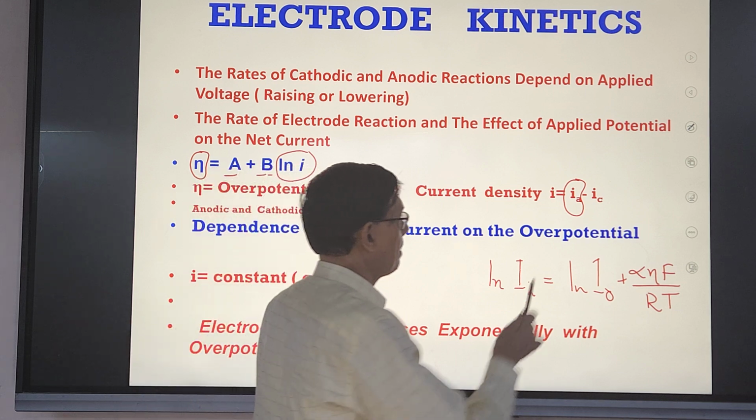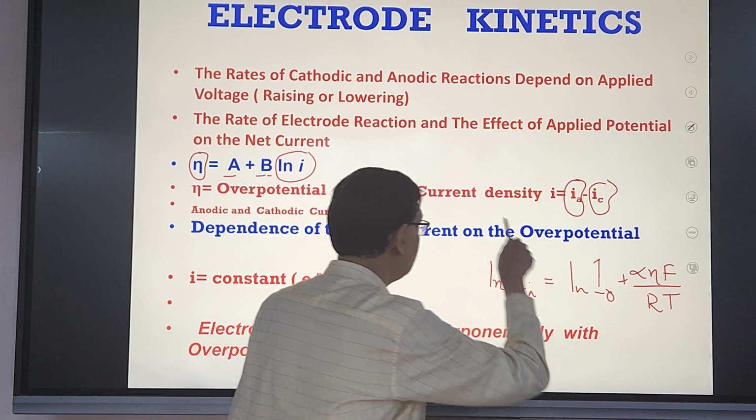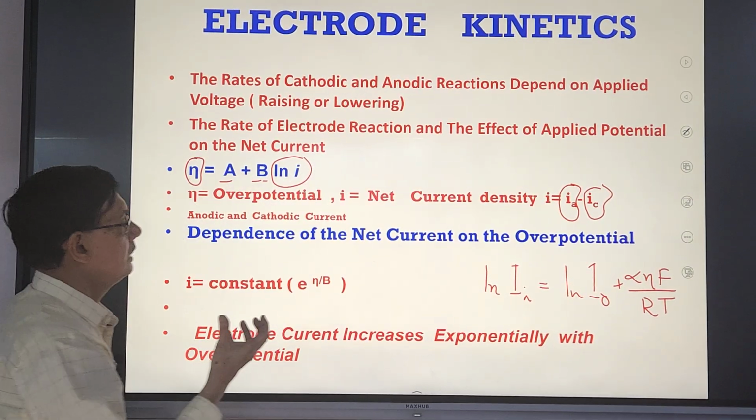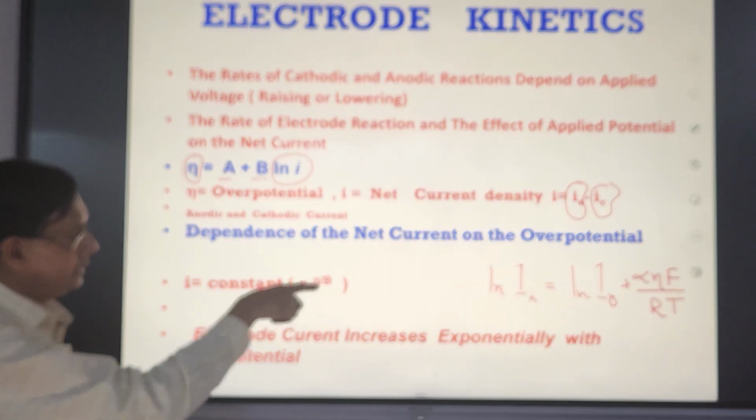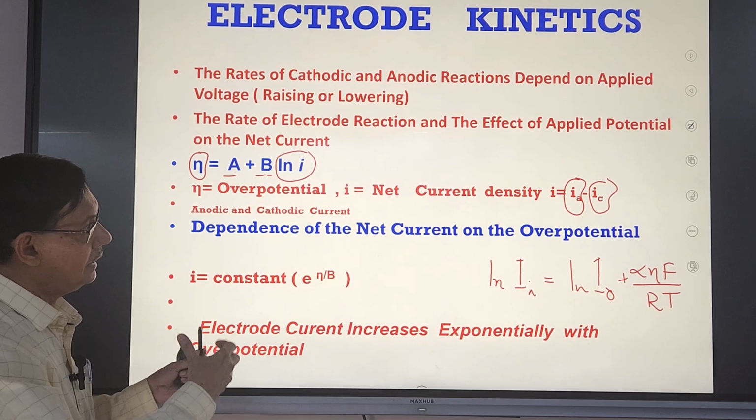I'll show you these things. The difference between them is the current density, that this value of I is Ia minus Ic.